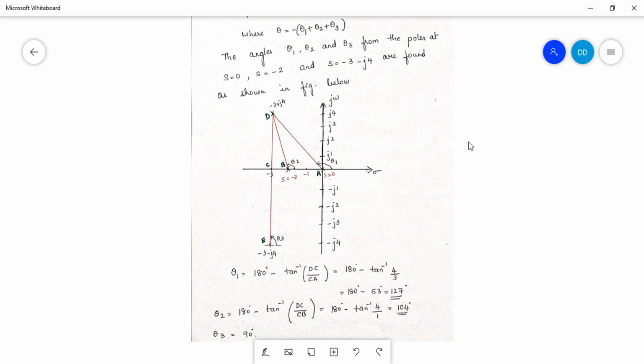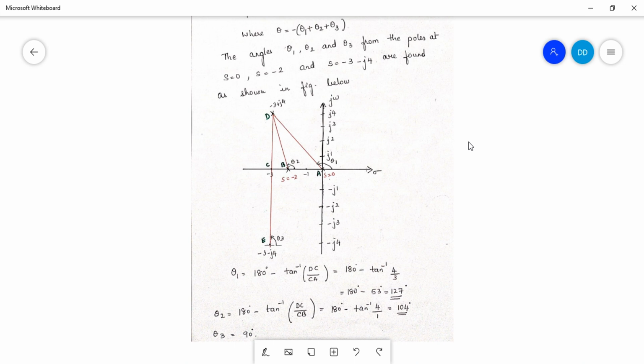Similarly, theta 2 is the angle made by the pole at s equal to minus 2. It is 180 degrees minus tan inverse of DC by CB. B is at s equal to minus 2 and C is at s equal to minus 3, therefore C to B is only 1 unit.